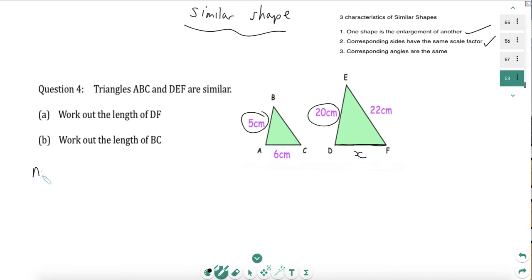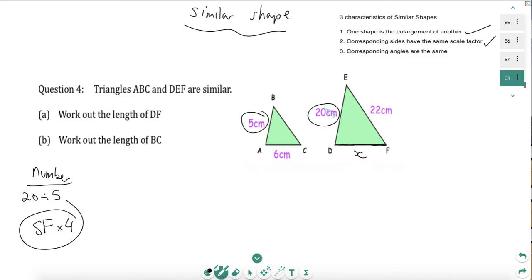I like to use the number because it makes the most sense. All I think about is how many times bigger is 20 compared to 5? An easy way of doing that is simply 20 divided by 5, which is 4. So the scale factor is times by 4.